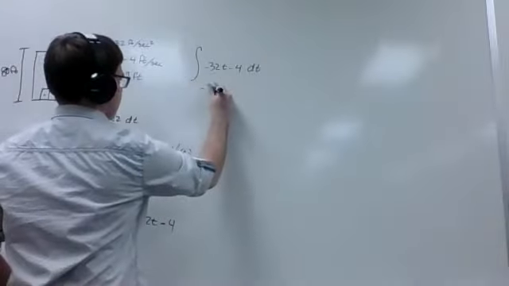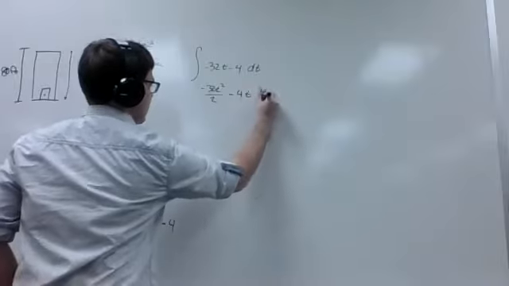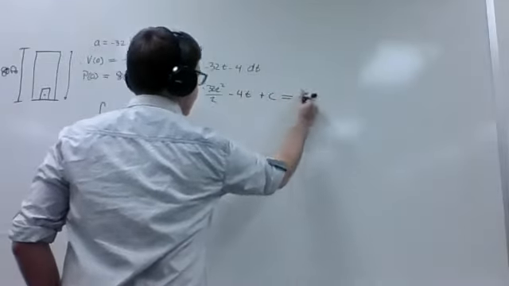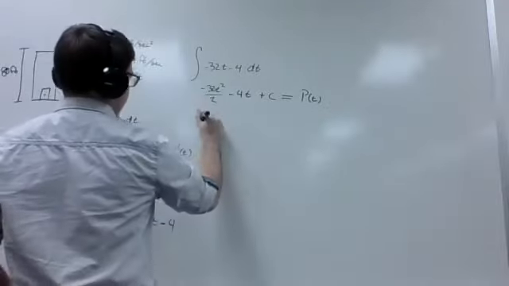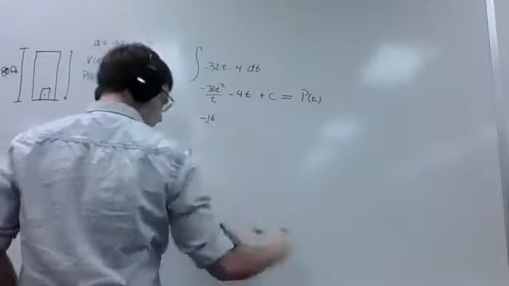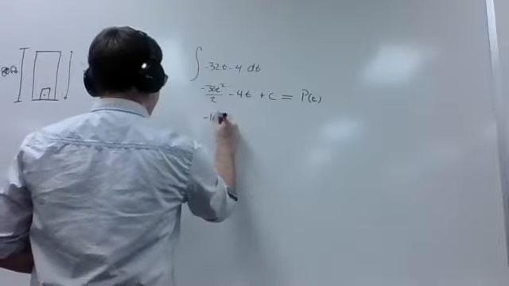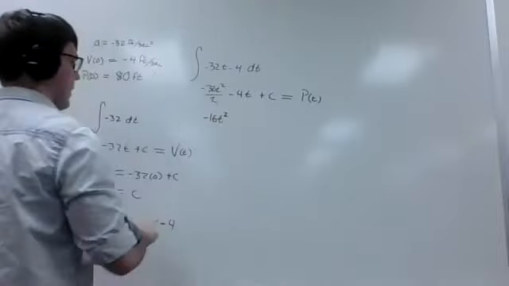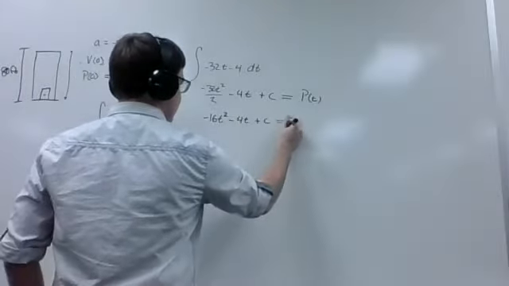So we're going to have negative 32t squared over 2 minus 4t plus c is equal to our position with respect to time. So we can simplify this a little bit, and negative 16t squared minus 4t plus c equal to r(t).